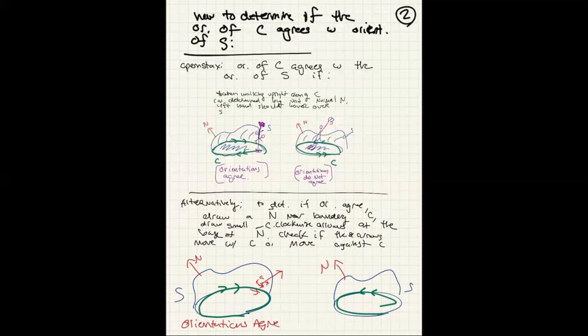And over here, if I drew a counterclockwise rotation about a normal vector at the base, then I'd be fighting it. The cogs would be fighting the orientation over there. So do not agree. You can use whichever way you like most. I like the second way.